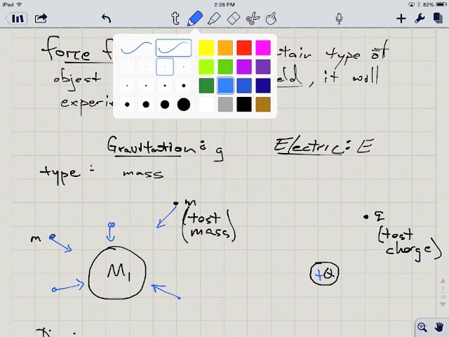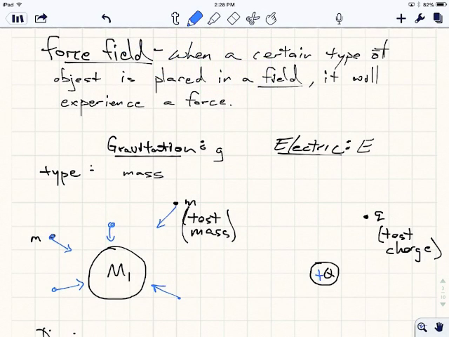So if we place the test charge in the area of this big Q, we know they're going to repel each other, and this small test charge is going to experience a force outward. If we were to place the test charge over here, it would experience a force out in that direction. If you place it close by, it would experience a force, and that force would be larger, but it would still be directed outward. So these are the directions of the electric field anywhere near our large charge Q.